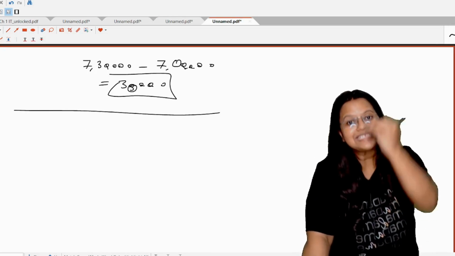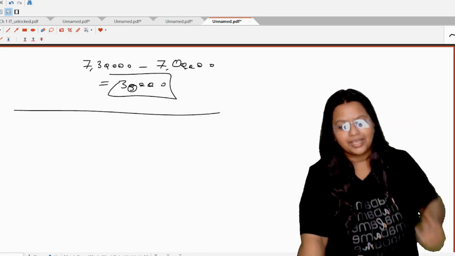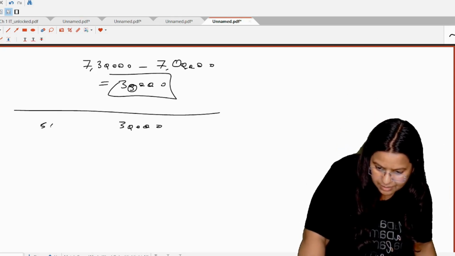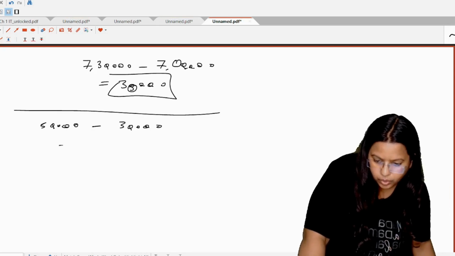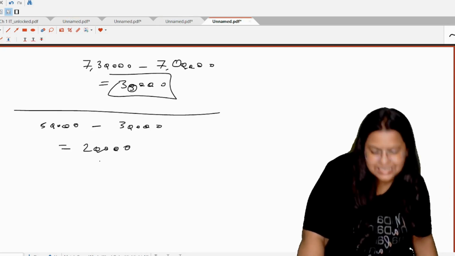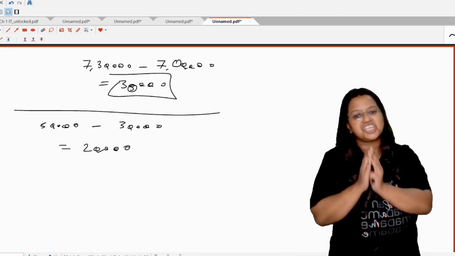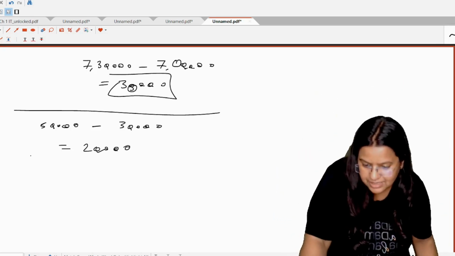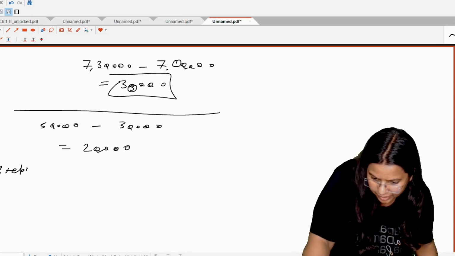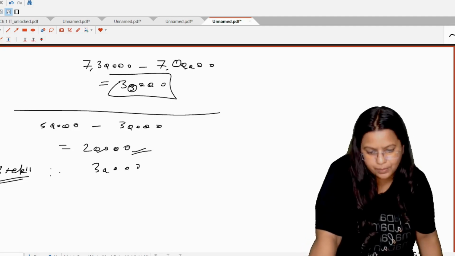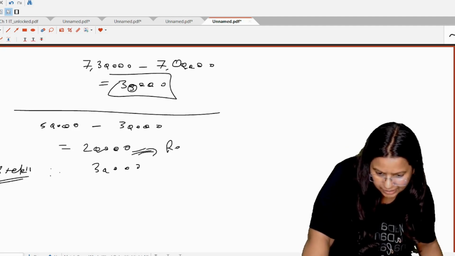The excess amount over the additional income. It means the additional income is 30,000 rupees, but the tax amount is 50,000 now. So 20,000, the excess amount over the income, is the rebate under section 87A. It means the person has to pay the tax liability here of 30,000 only. Okay, 20,000 rupees is the rebate under section 87A.